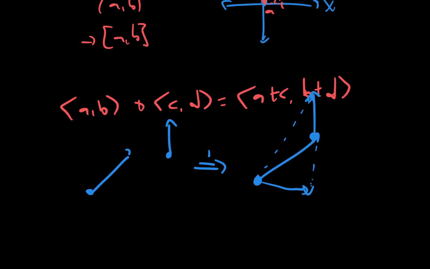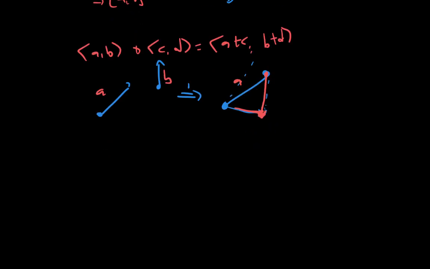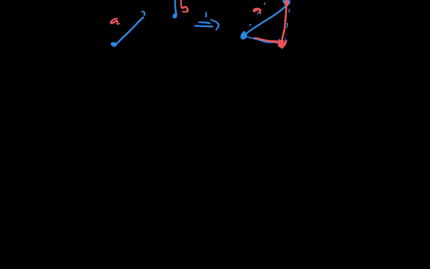If we're adding the opposite of this vector, let's say a and b, and this is a, and we add the negative of b, we're going to go down instead and end up somewhere right there. That's like the tip to tail method. But we can also just add the components all together.